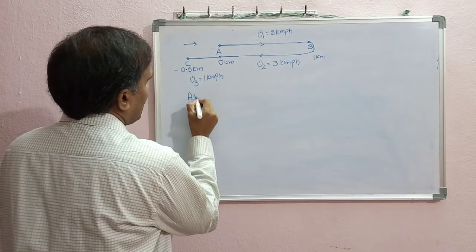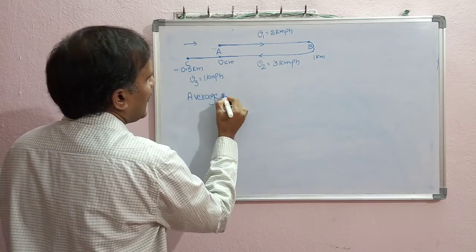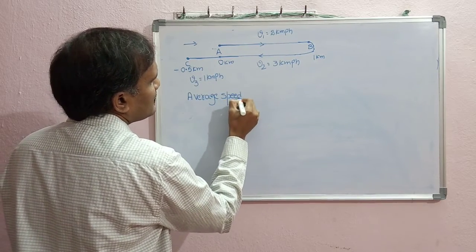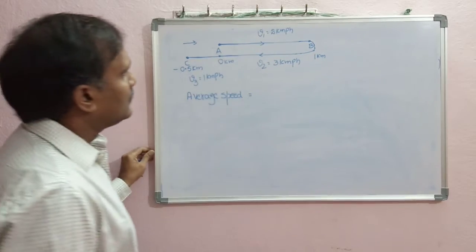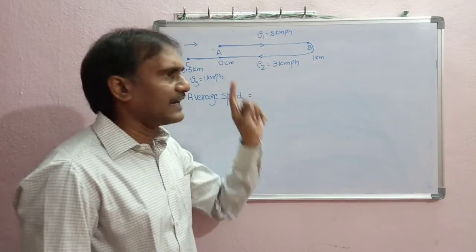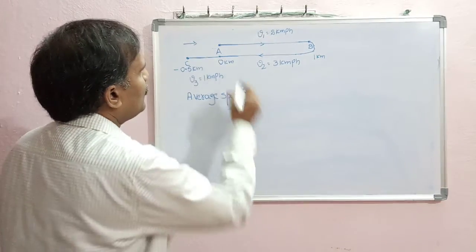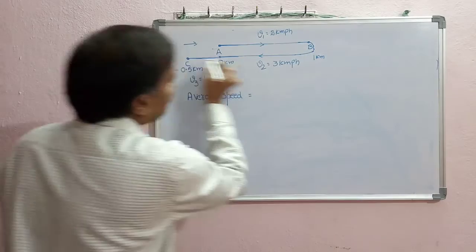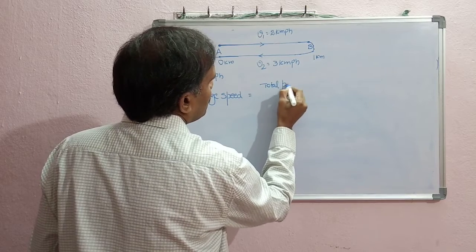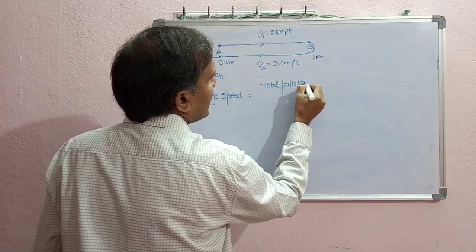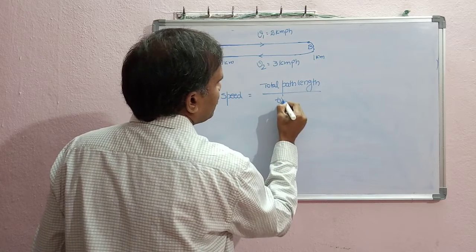For this complete journey, I want to calculate average speed. It is equal to total path length traveled by the particle divided by time interval.